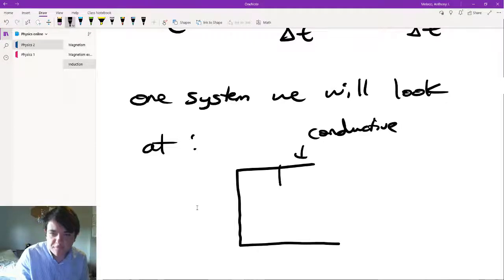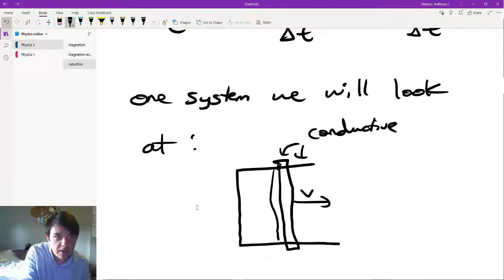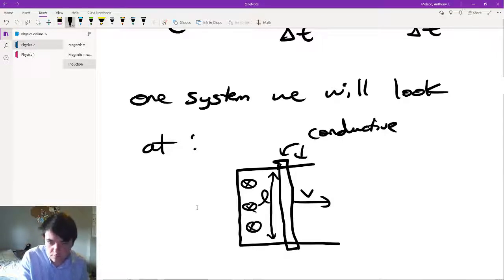And we're going to have a bar of conductive material moving at a velocity v, so it's moving in this direction. This will be some length L, and then there will be a B field in here in some direction, either out of or into the page as it is right now.